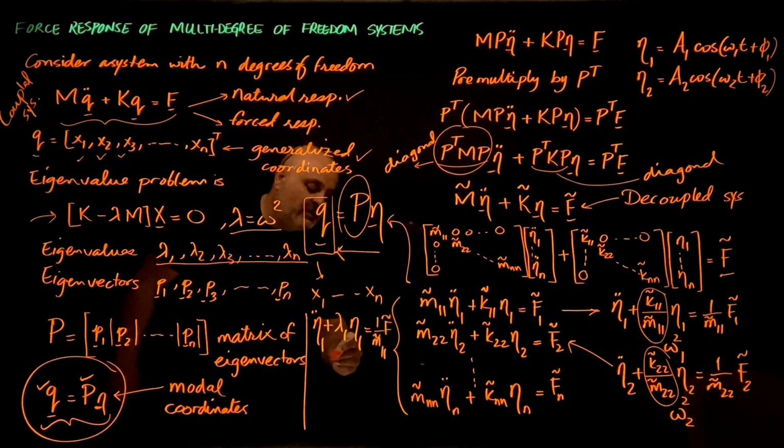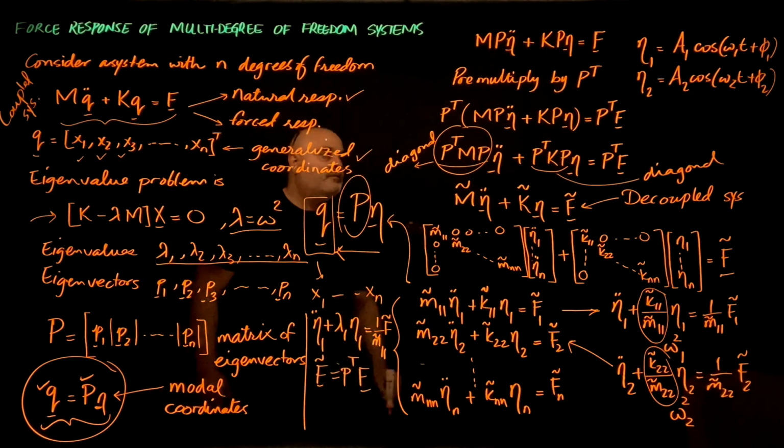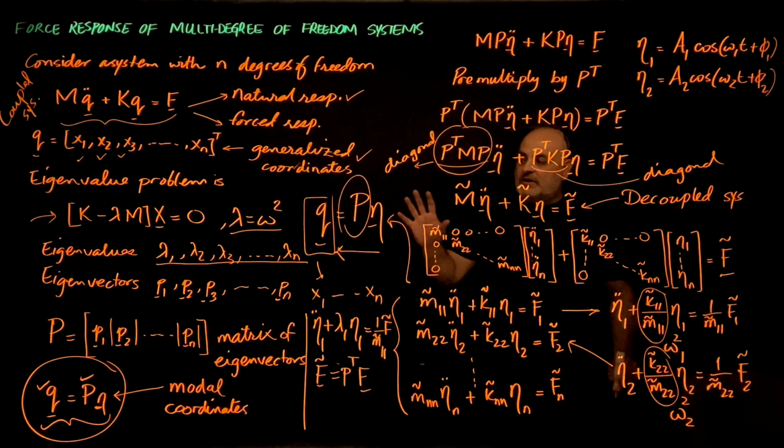Of course, F tilde is P transpose times F. So it's a simple procedure. We'll see a couple of examples on this.